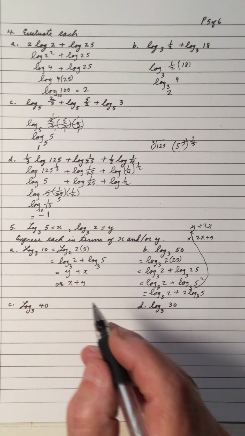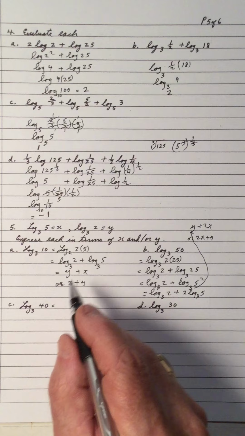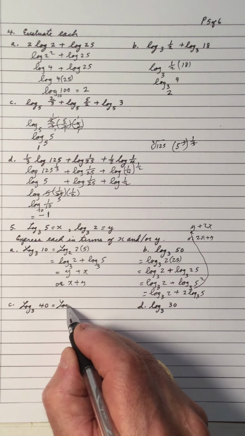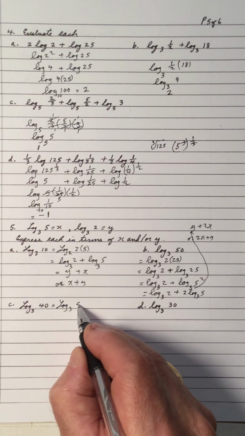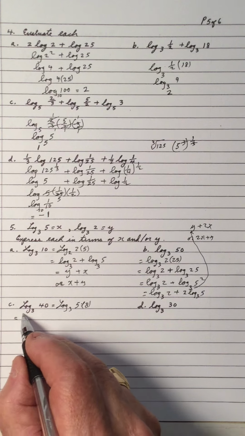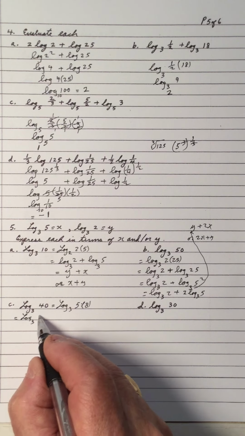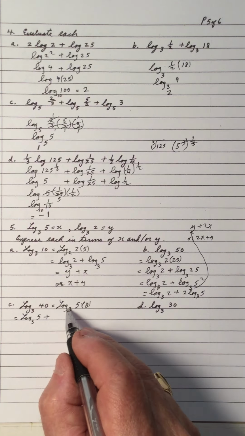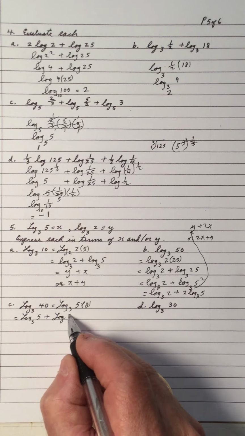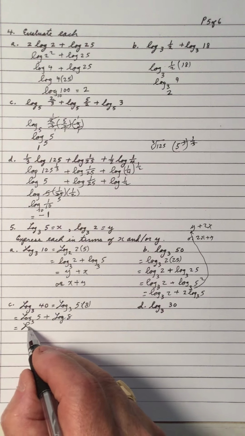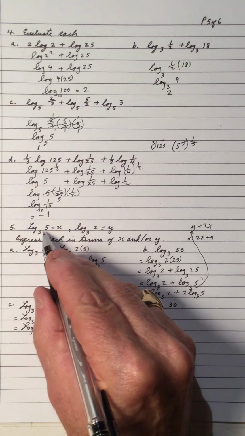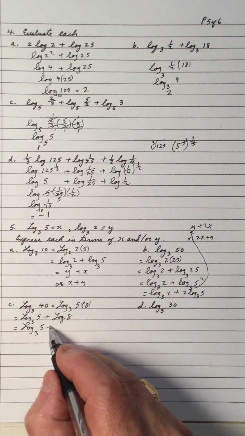And we need a 40. So a 40, we need 2's and 5's. So 40 is 5 times 8. So that's the log of a product, so it's the sum of the logs. We have a 5, that's okay, because we got log 5 base 3. We had an 8, so we need a 2.